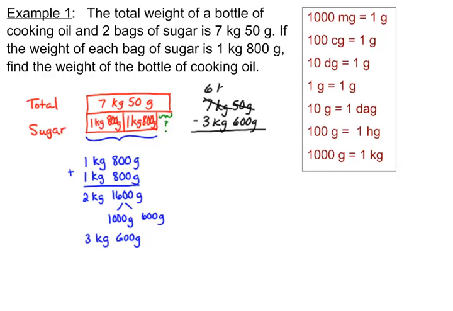This becomes 6 kilograms, which I'm going to be borrowing 1,000 grams, so that becomes 1,050 grams because we got to add it together. And 1,050 subtract 600 is 450 grams, and 6 minus 3 is 3 kilograms. So that means that that oil weighs 3 kilograms 450 grams. Alright, so that's a teacher solution for that type of problem.